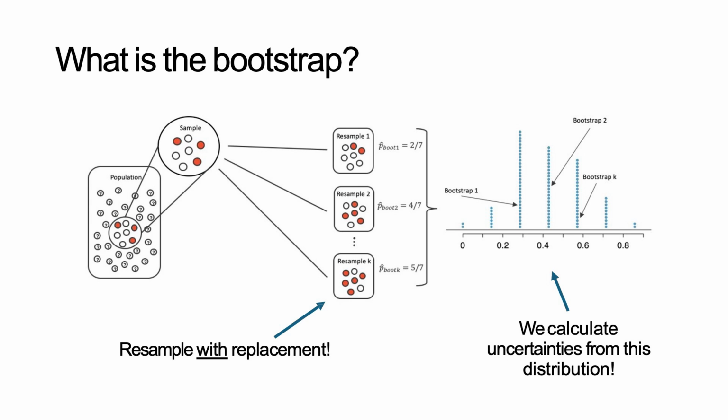But if we now consider, we can get anything from 0 all the way to potentially 7 red balls, and I think that one didn't happen, but we had 0, 1, 2, 3, 4, 5, 6 happening a different number of times, and you can see now we have some kind of distribution centered somewhere near around our 3/7 estimate. And we can calculate uncertainties. Okay. So in a nutshell, that is as simple as that.